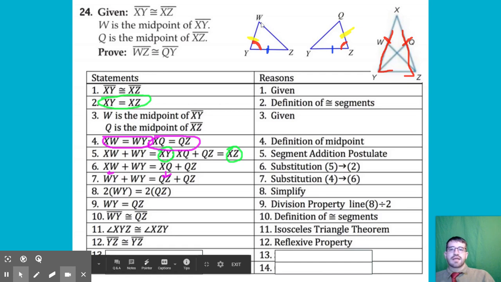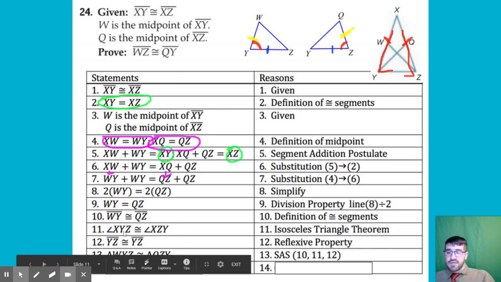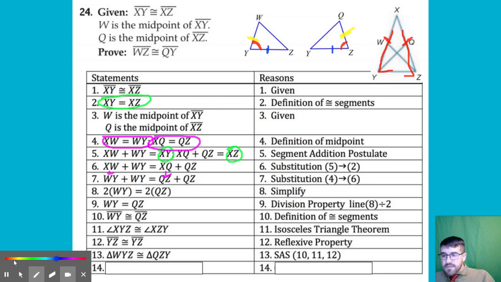What we have here is WY congruent to QZ, angle Y congruent to angle Z, and segment YZ congruent to segment YZ. We have a side angle side, which means that the triangle WYZ is congruent to triangle QZY by SAS in steps 10, 11, 12. I should write these because good habits are hard to form and hard to break.